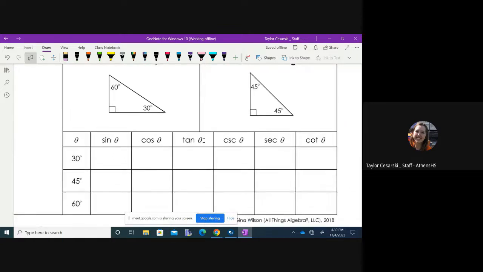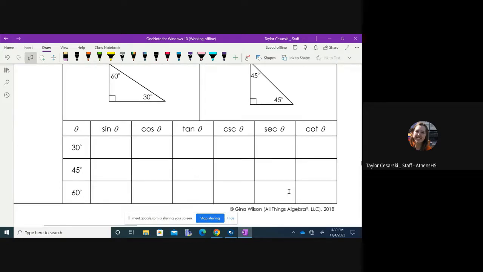All right, these are your 30, 60, 90 triangles. So I'm going to go ahead and kind of fill in the bottom of these. That is kind of the introduction to your unit circle. So we have 1/2, square root of 3 over 2.